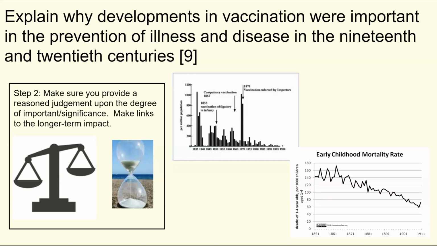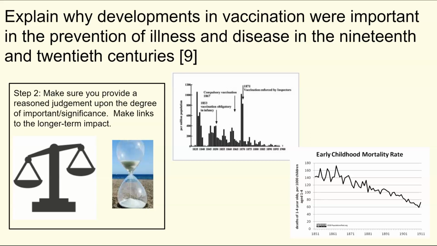And we may see in the long term, in the future, a decline in its importance in the prevention of illness and disease. What you are doing in those final few sentences is indicating to the examiner that your historical context, your knowledge of this event, is ongoing and that the developments are still happening.